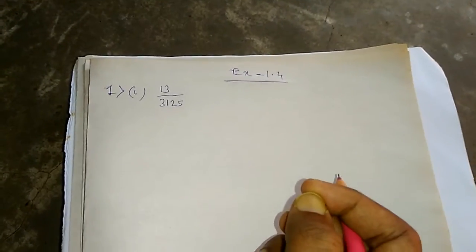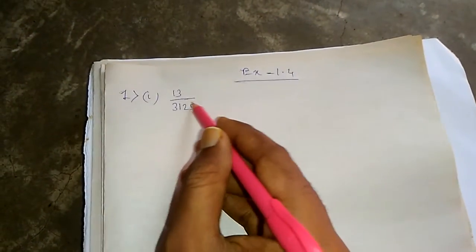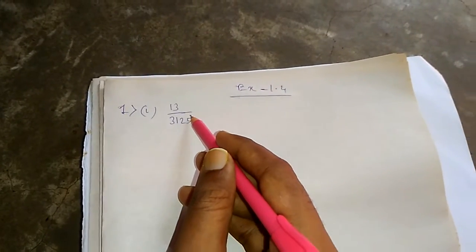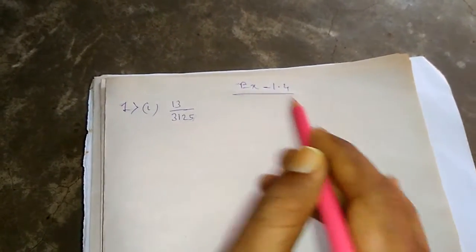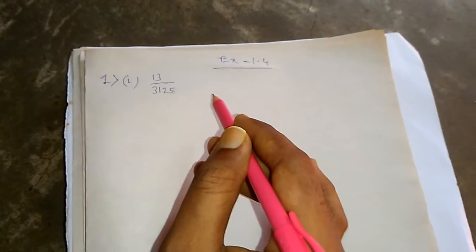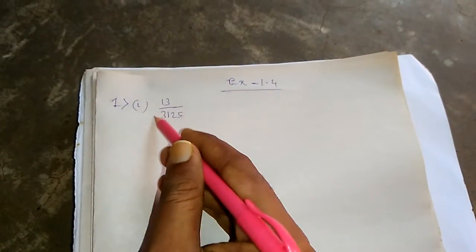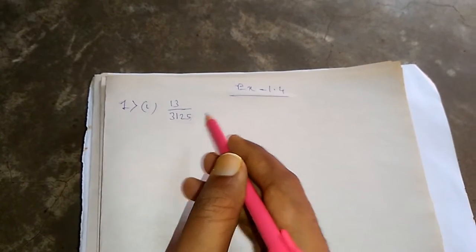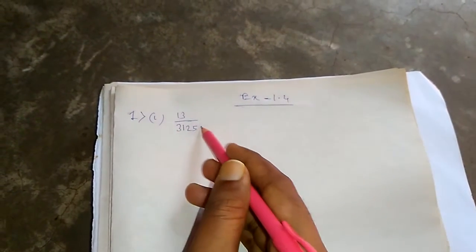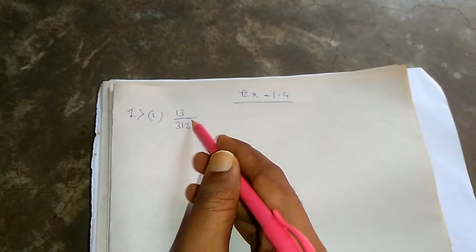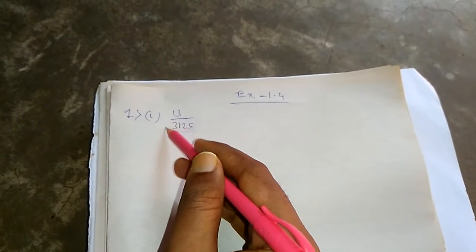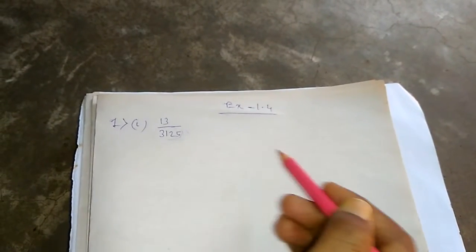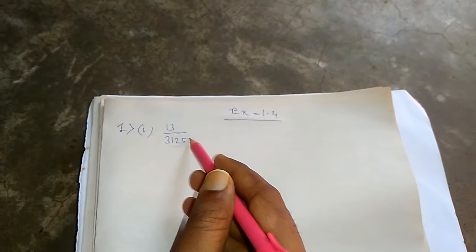So do remember, if it is terminating, then the denominator must not have 3, 7 or 11. If 3, 7 or 11 is in the denominator after factorizing it, then obviously it is non-terminating repeating. But if after factorizing the denominator you do not get 3, 7 and 11, then you can say it is terminating.